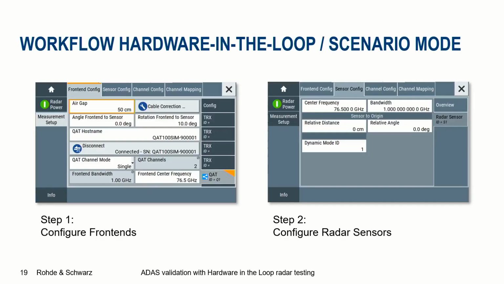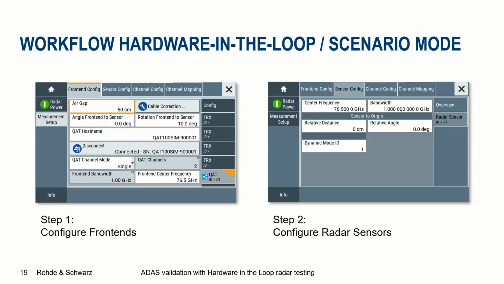And now I really want to show you how you can work with our device to integrate it into your solution. On this slide, you can see the graphical user interface of the ARIC 800A. In order to generate your scenario, you first have to give us some information. You have your hardware setup standing right in front of you, and you know where it is and how you place it in front of your car, in front of your sensor.